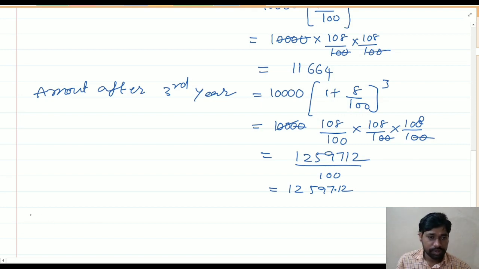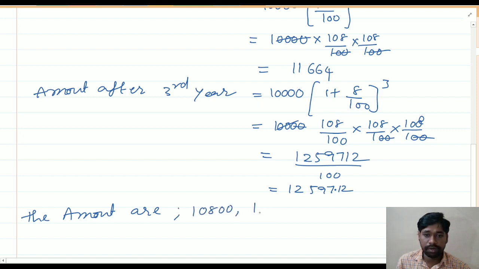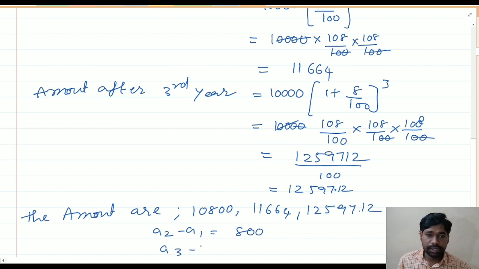So the amounts, if you see, first one is easy, 10800. Second one became 11,664. Third one is 12,597.12. If you find A2 minus A1, you will get 864 obviously. A3 minus A2 you will get as 933.12.